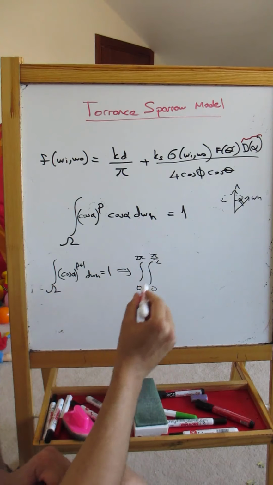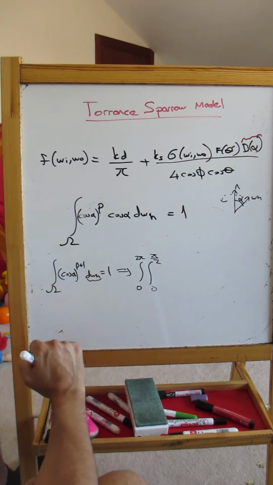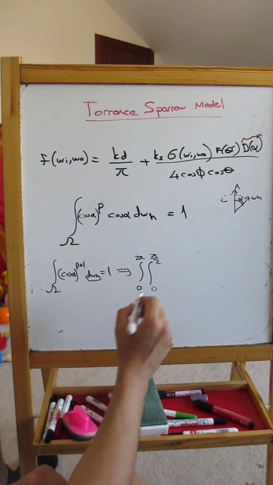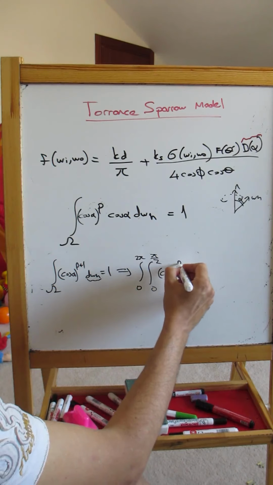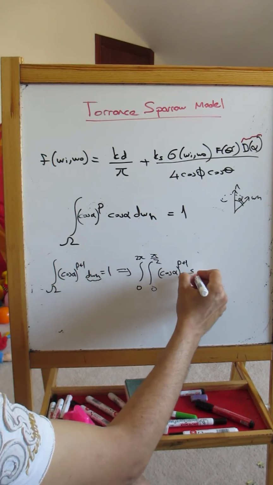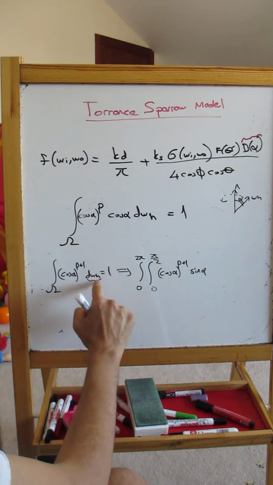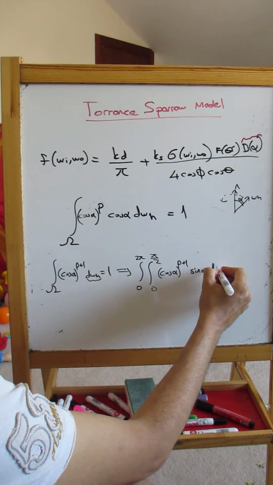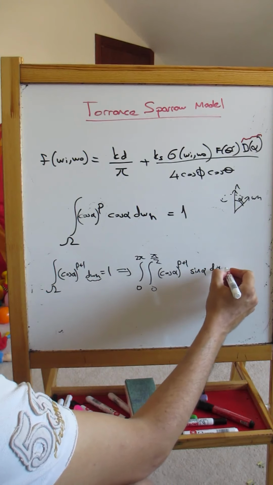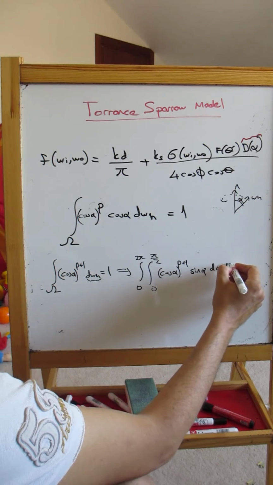Okay, so remember, we are going to replace this with our solid angle formula. So how do we do this? We have cos alpha to the power p plus 1 and then sin alpha. So WH, dWH is going to be, what is it? It's going to be d alpha and then d phi.